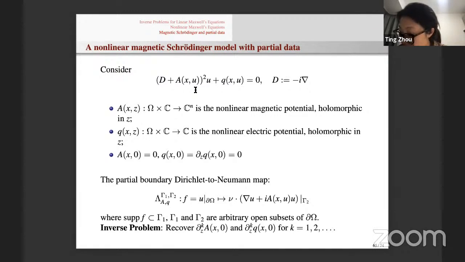Does nonlinearity improve the stability estimate, like this log stability, to something better if you consider nonlinear problems? So what Saumen is asking is, can you get better stability estimates?